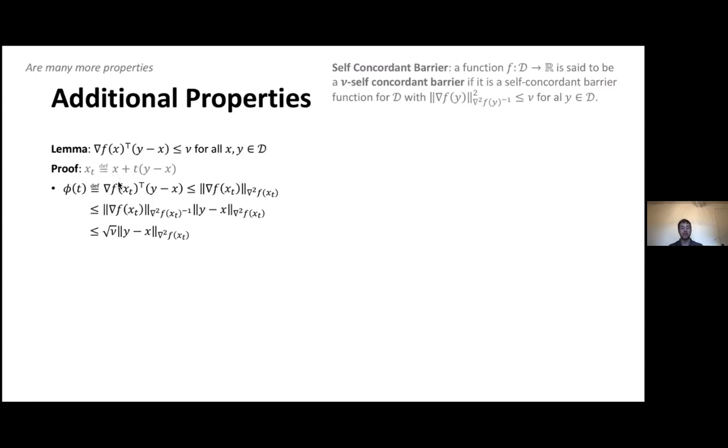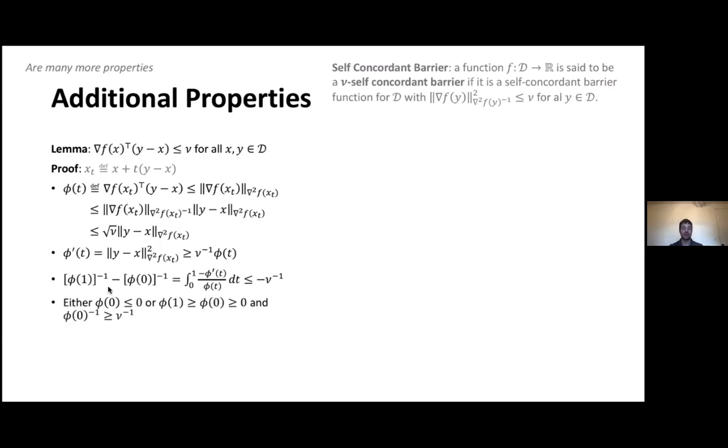The proof technique is you pick something you want to bound, like grad f of x, parameterize a version of it with t, use Cauchy-Schwarz to upper bound it, and compute the derivative of it. When you have the derivative bounded, you can integrate the derivative along the line, and do some analysis to show things are bounded.